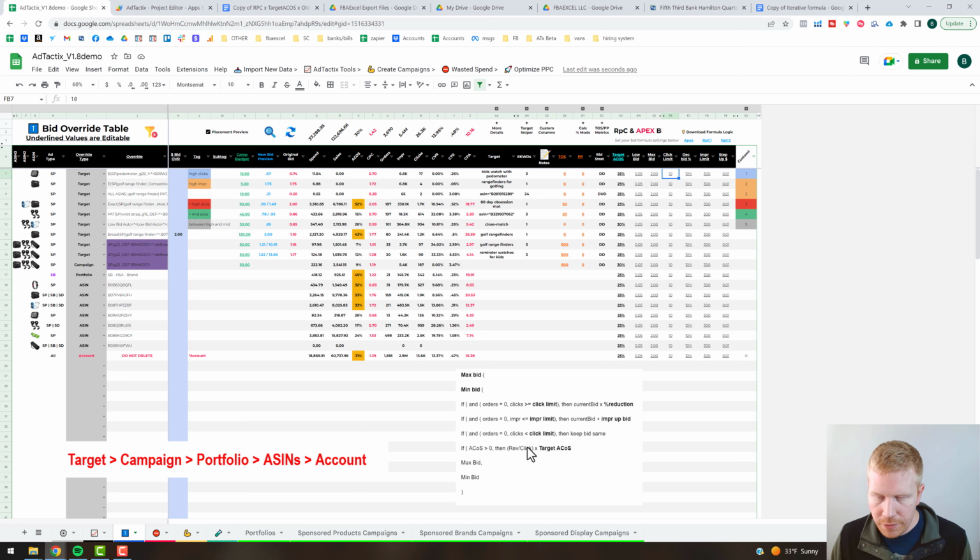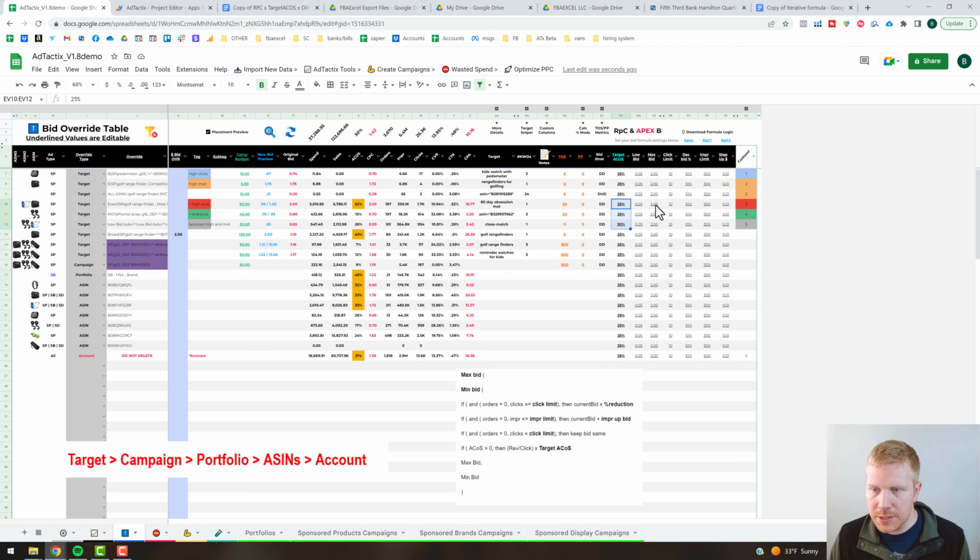The only difference in this one is if your ACoS is greater than 0, which means you have an order. In this case, all of these are going to get handled the same, whereas in the Apex formula it was segmented further and allowed you more control. In this one, it's literally just going to take our revenue, which is our sales, these values here, divided by our clicks, which are here, and multiply it by our target ACoS, which is here.